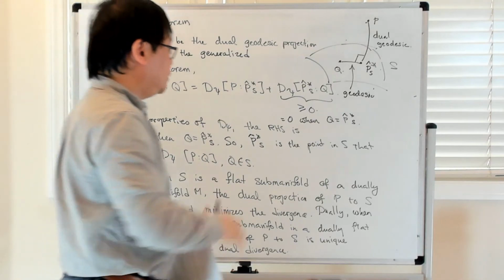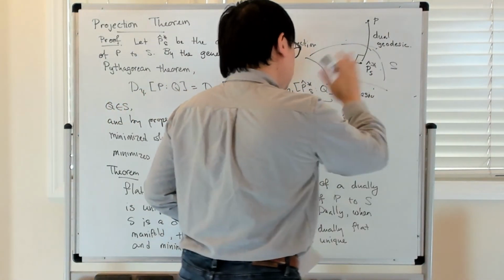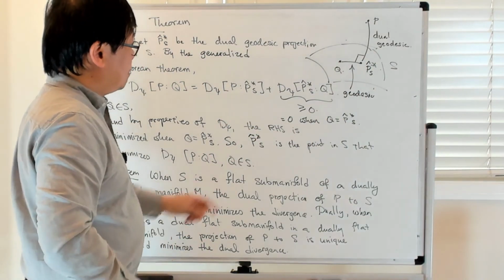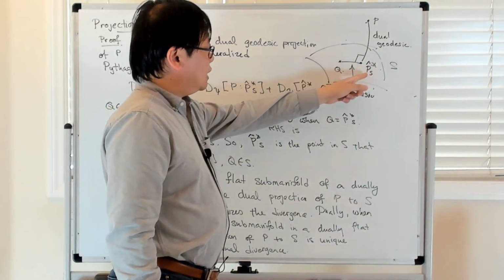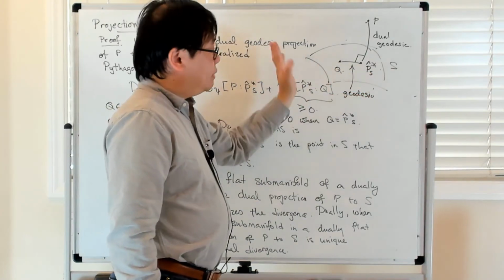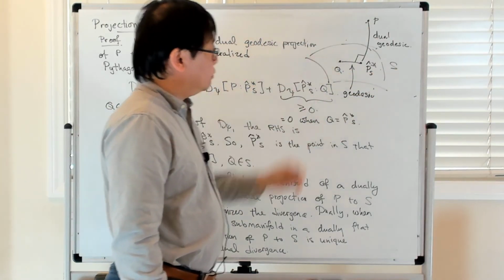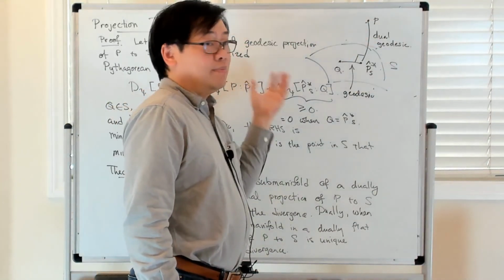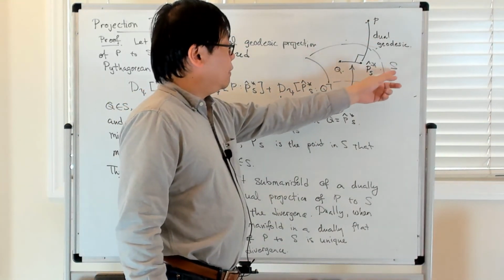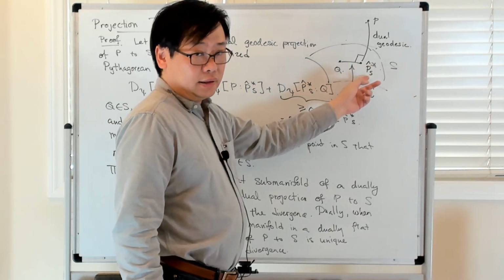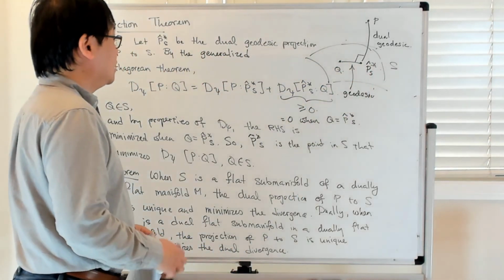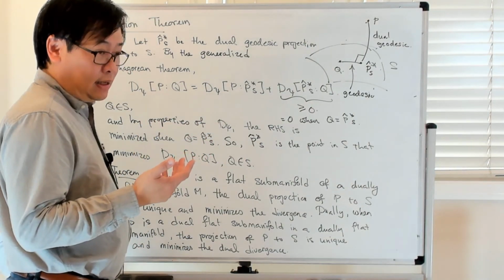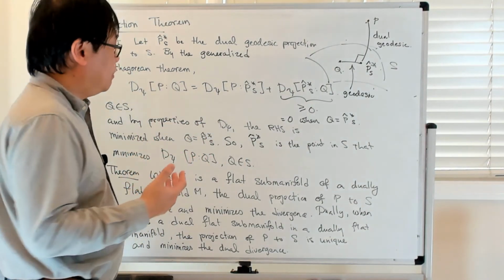So in essence, what this proof does is show that P hat star S is the minimum over the geodesically connected component of S containing P hat star S, okay? And so that isn't enough to guarantee that it's the global minimum, right?